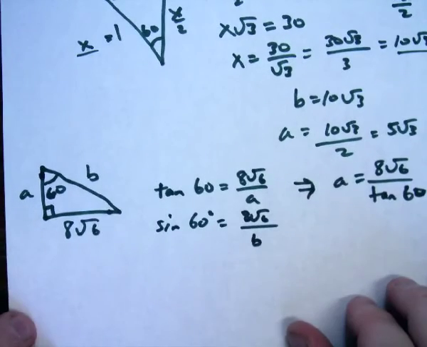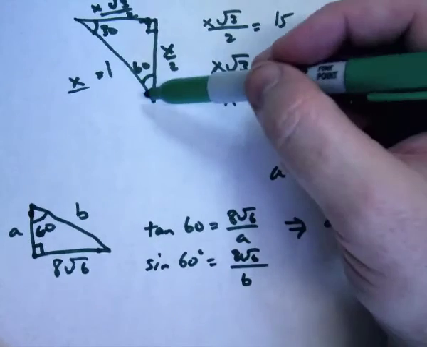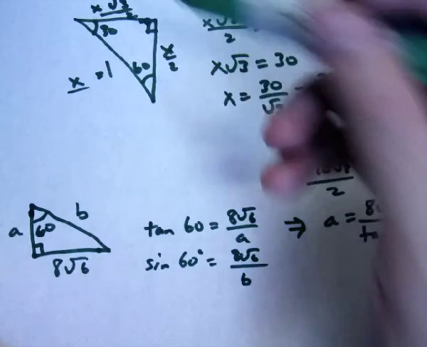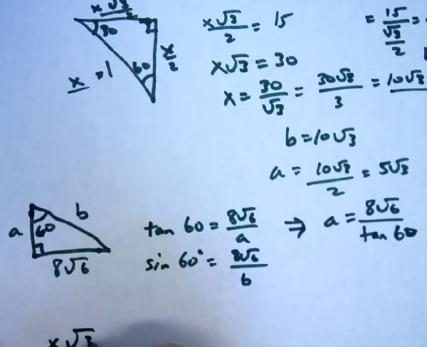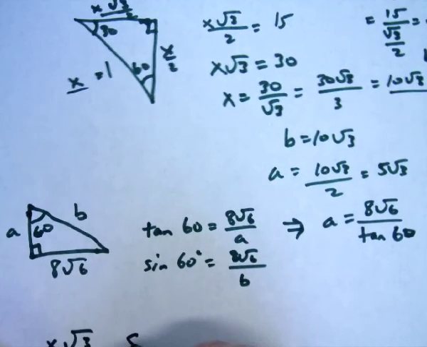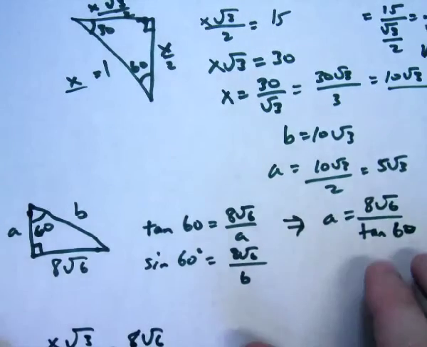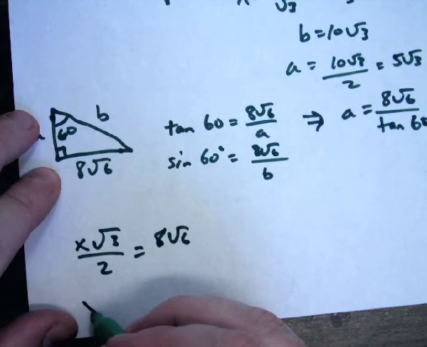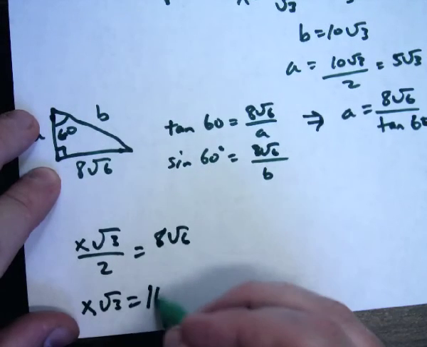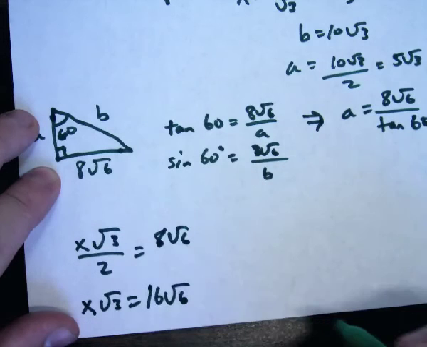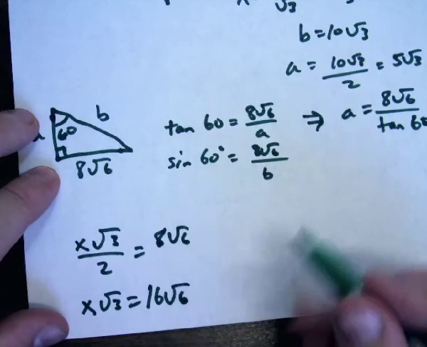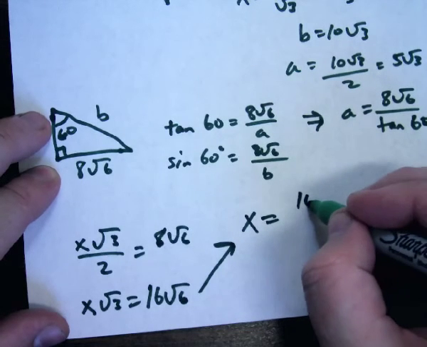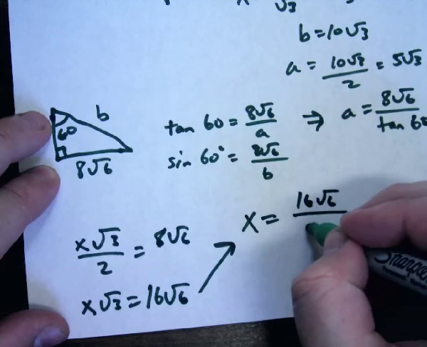If you were going to use this triangle that's up here, we know that across from the 60 is the x root 3 over 2, so it's going to be x root 3 over 2 equals 8 root 6. Okay, multiply both sides by 2, I get x root 3 equals 16 root 6. Divide by root 3, I get x equals 16 root 6 over root 3.